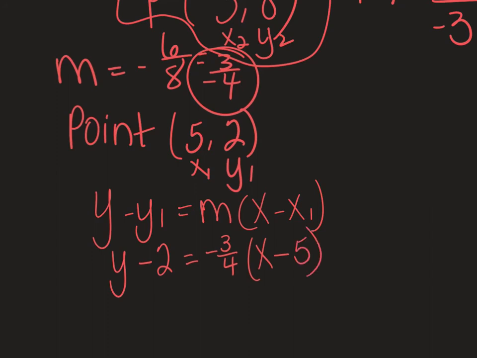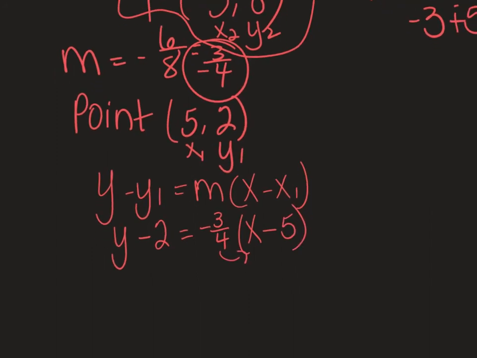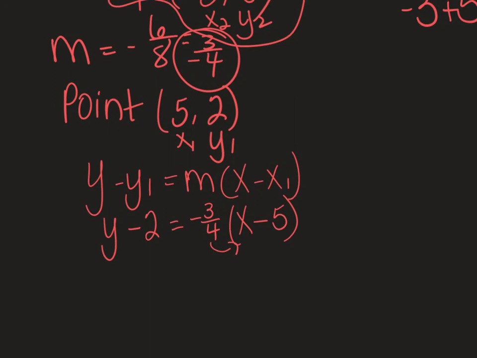All right? So now I'm going to use my distributive property. I don't have anything there that I need to simplify as far as add a line, change a sign. So I'm just going to go ahead and bring this down here. So -3/4 times x is a -3/4 x. Now, I'm going to multiply 3/4 times -5, and I'm going to put it over 1, okay? When you're multiplying two negatives, you get a positive, which makes it 15 over 4.